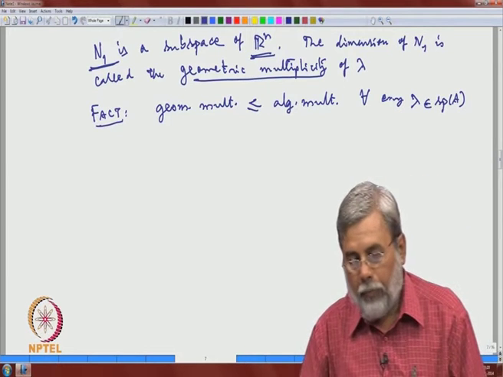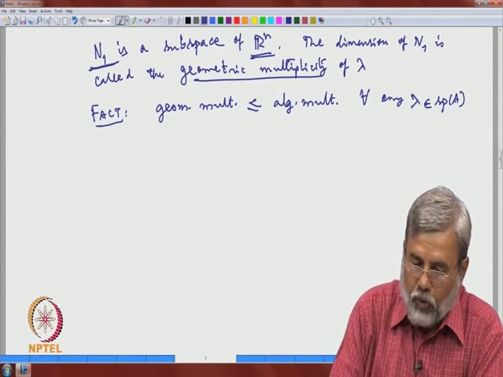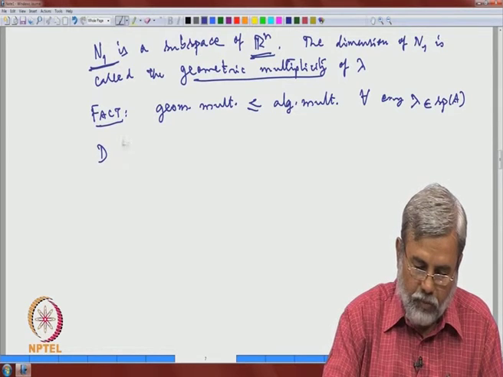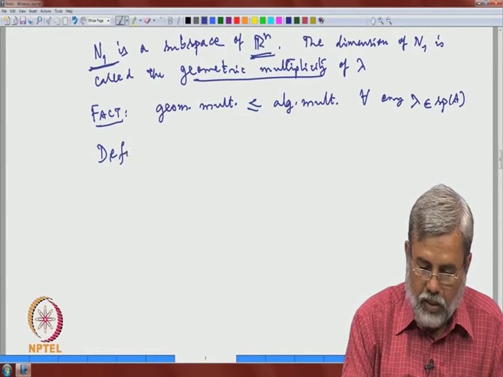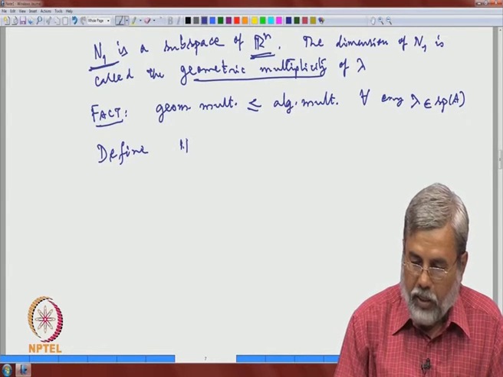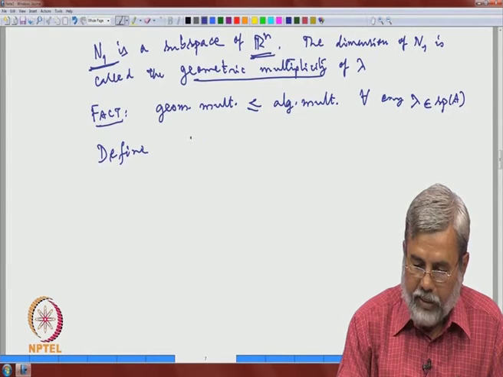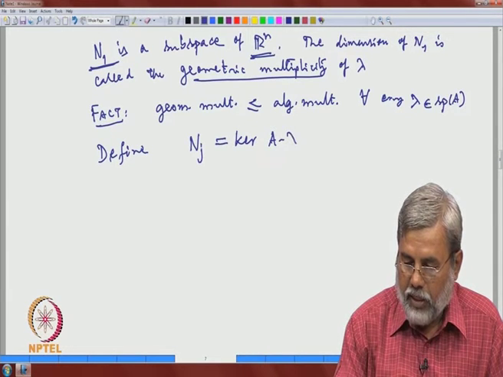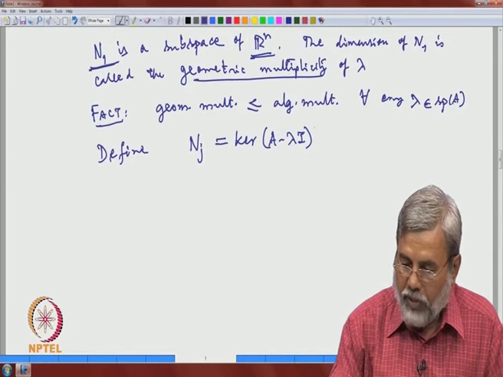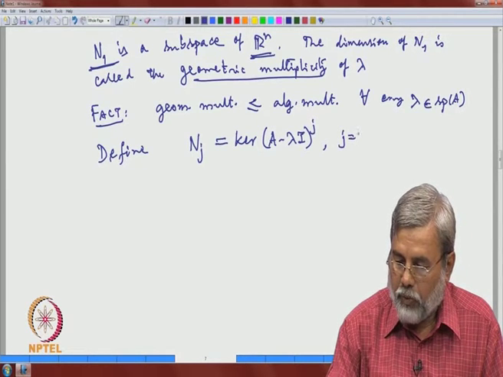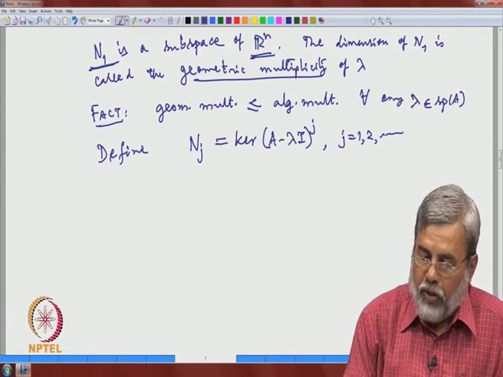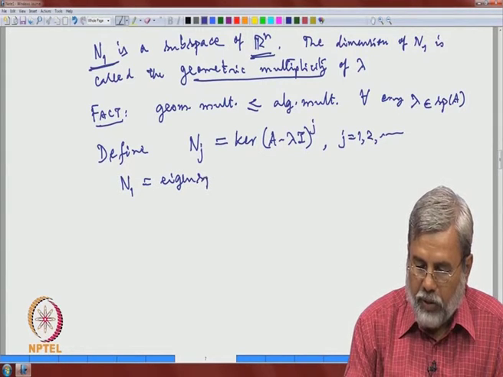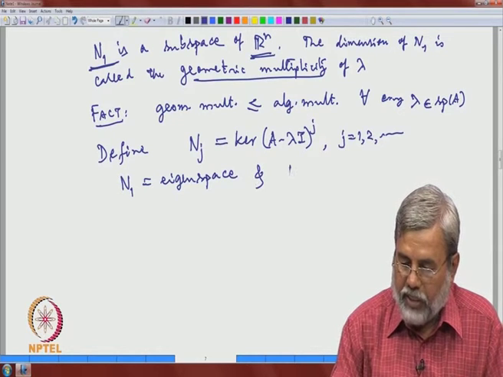So, in that case, what we do is define, in general, Nj to be the kernel of A minus lambda I to the power j, for j equal to 1, 2, etc. So, N1 is the eigenspace that we have defined, and we have this chain.